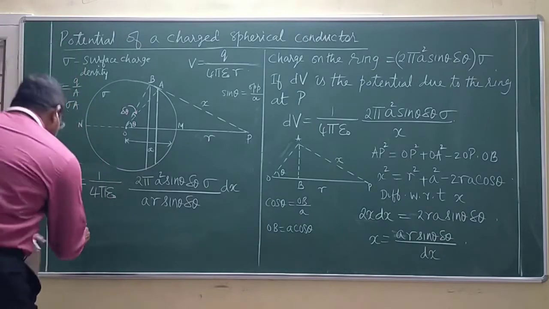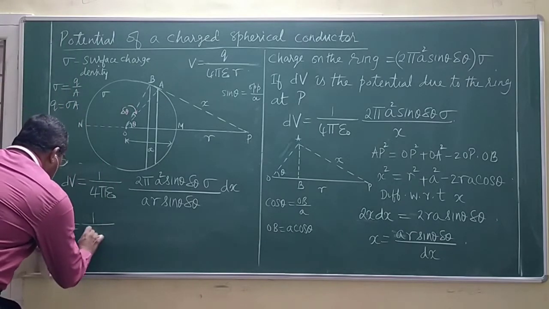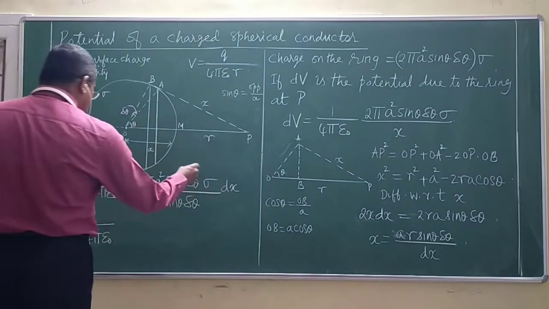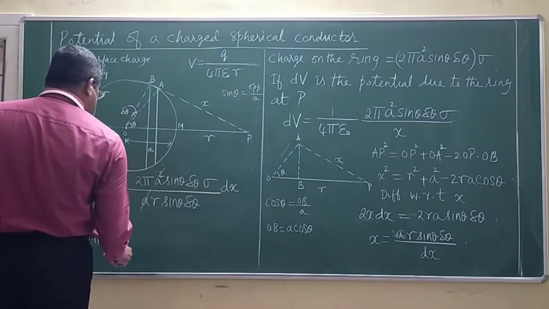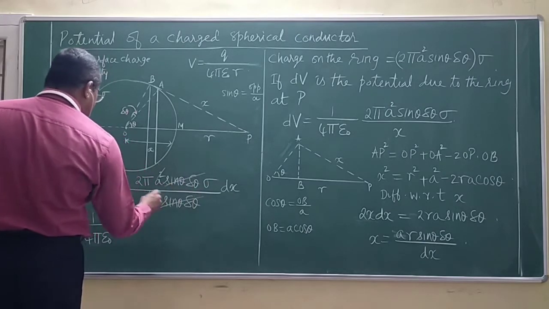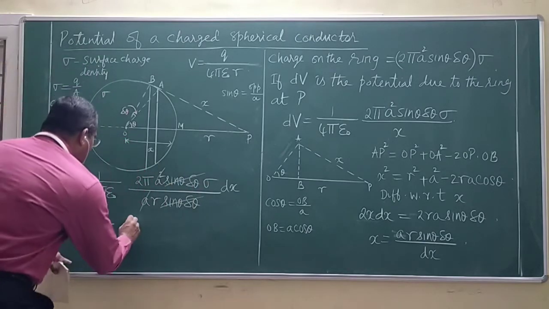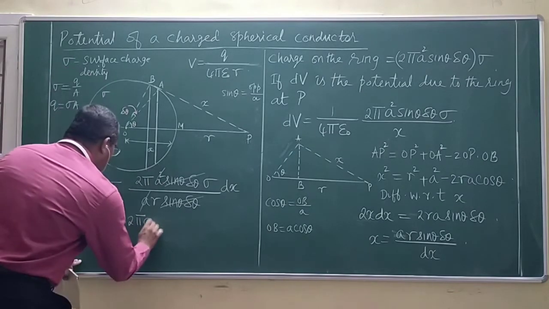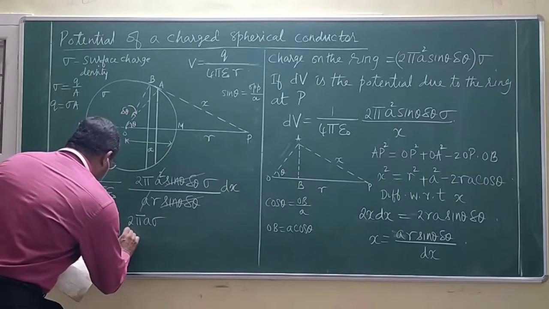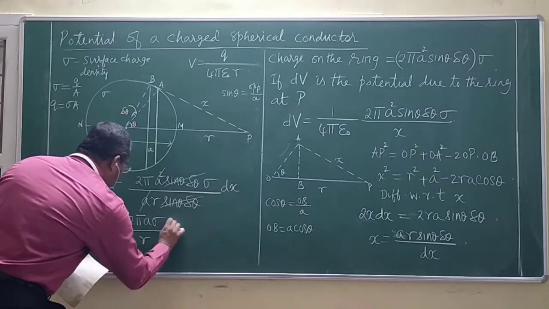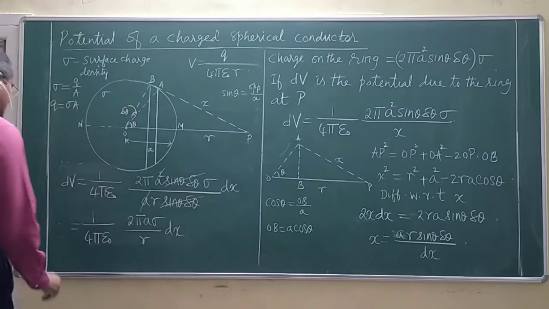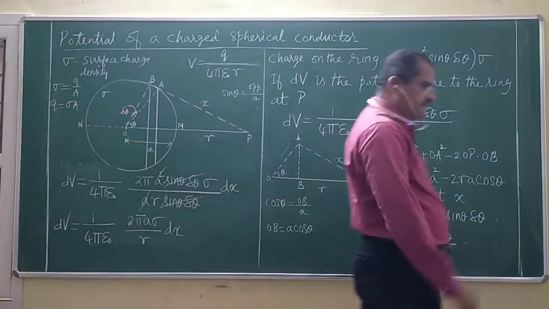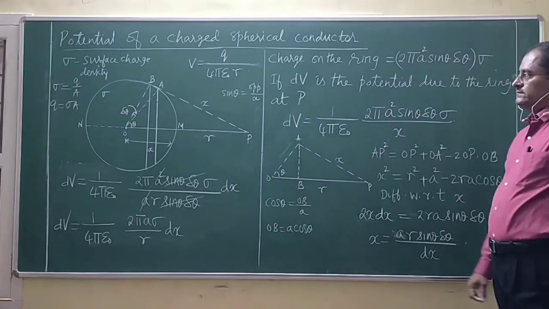So this will be 1 by 4 pi epsilon naught. A will go off, sin del theta will go off to give me 2 pi A sigma upon r into x. This will be. Is that clear to you, sir? Is that clear?